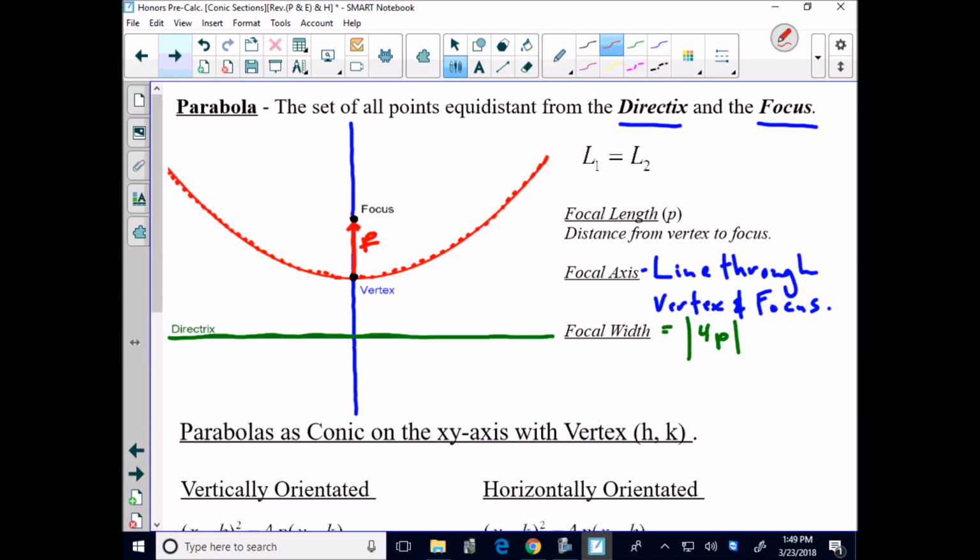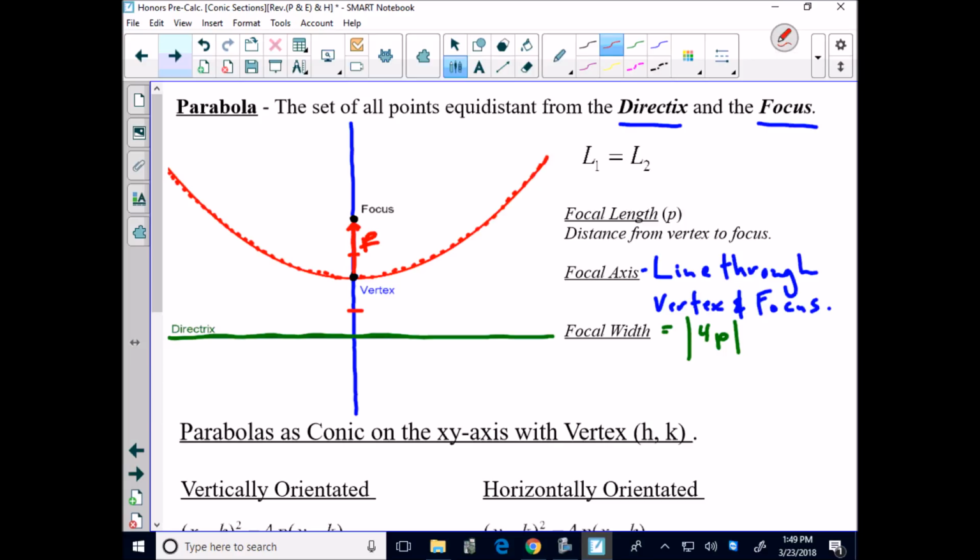Since this distance goes from the vertex to the focus, we can think about this distance as being positive or negative depending on the orientation of our parabola, right? We would say that the directrix is, of course, going to be a length p away from the vertex in the opposite direction. In other words, these two lengths are the same, and that's how we've defined our parabola.